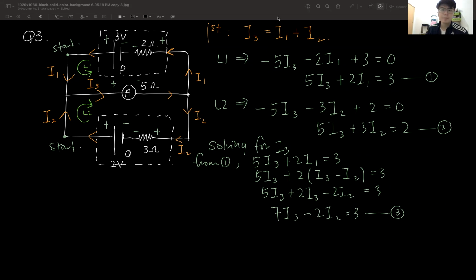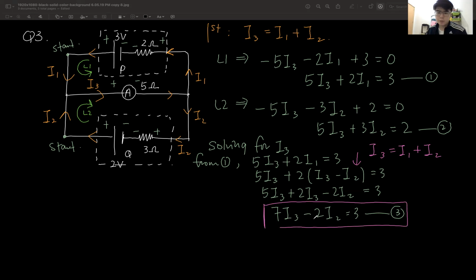I substitute I3 equals I1 plus I2 inside, so that I get an equation of I1 and I2, and then I can solve it simultaneously with equation 2.